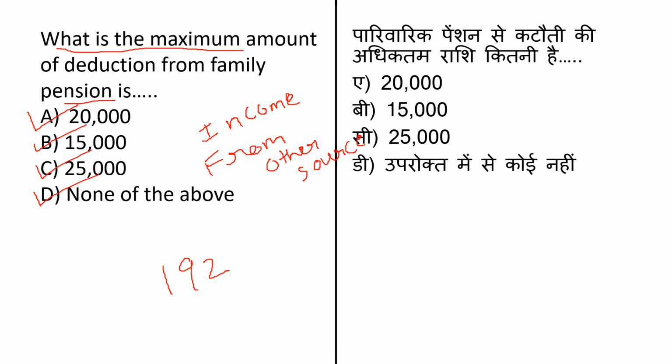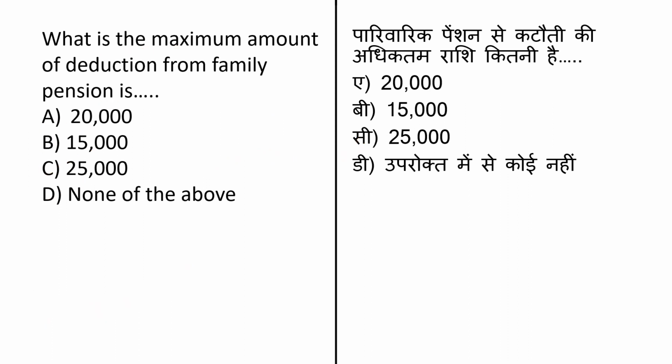Please remember, one third or 15,000, whichever is lower. Income such as LIC commission, annuity or bank interest is taxable under the head income from other sources. The correct answer for this question will be option B, that is 15,000.